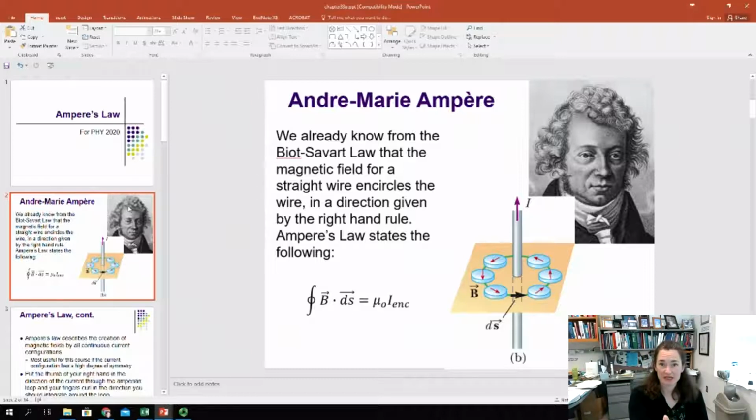So what this would mean is that if I look top down on my hand, the magnetic field makes loops around the wire in a counterclockwise direction, okay?